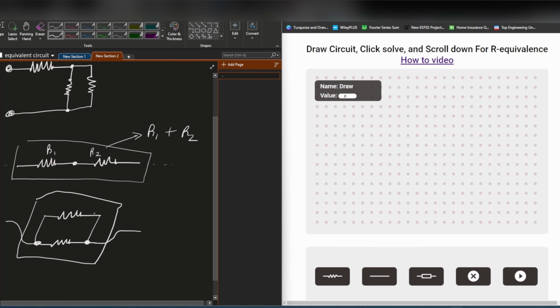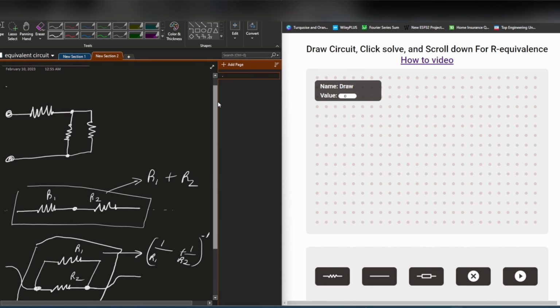In this case, the resistance would be 1, say this is R1, say this is R2. It would be 1 over R1 plus 1 over R2. Excuse the handwriting. And then you invert the answer. And that would be your equivalent resistance.